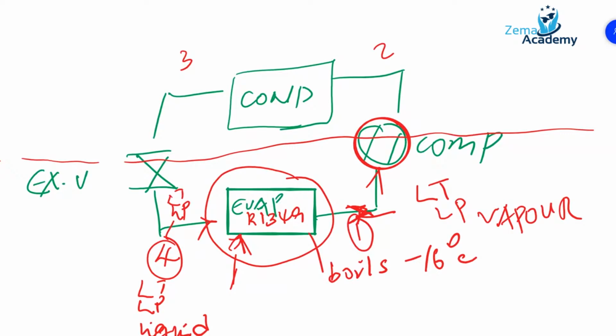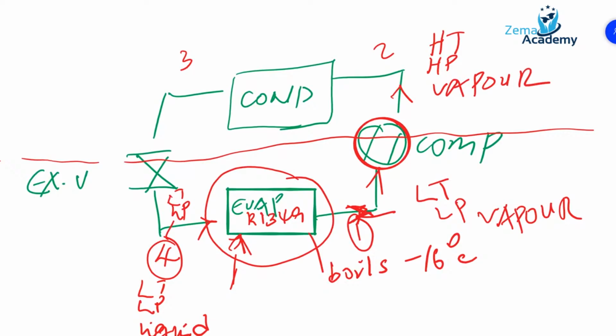The benefit of a vapor or a gas is that by reducing its volume, by compressing it, we are able to change its properties. So we use the compressor to compress or reduce the volume of that low temperature and low pressure vapor, and therefore when it comes out here, it comes out as high temperature and high pressure vapor.